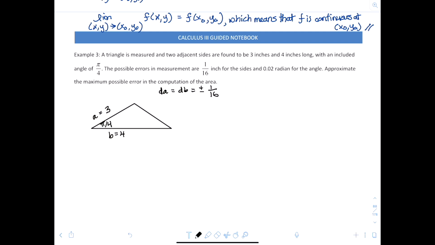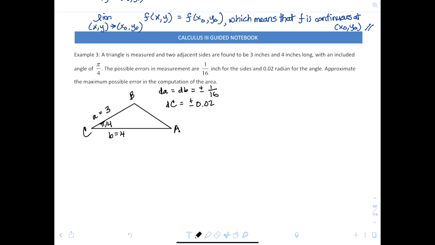And then as far as the angle, what were we given for the angle? So if we call this angle C, dC would be plus or minus 0.02 radians.